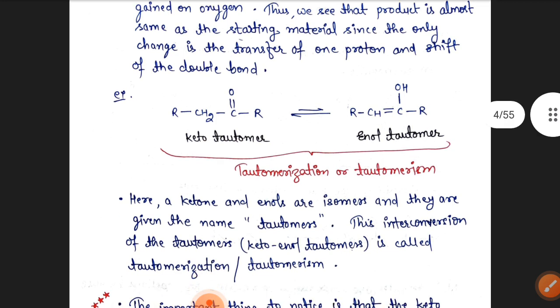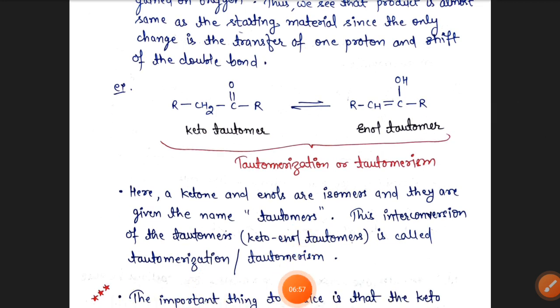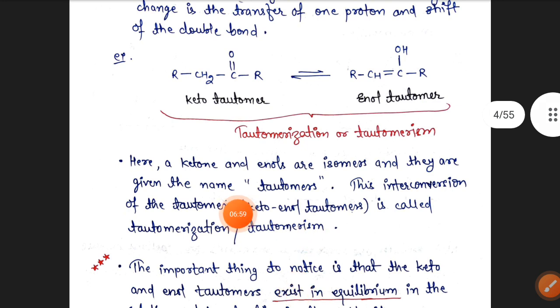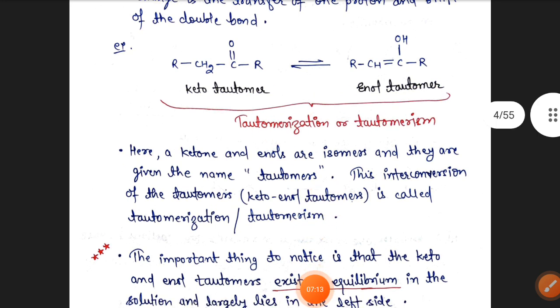Keto-enol tautomerization generates the enol as an intermediate form. A ketone and an enol are isomers, and they are called tautomers. Tautomers are isomers in which the position of a group, here the hydrogen atom, is changed.